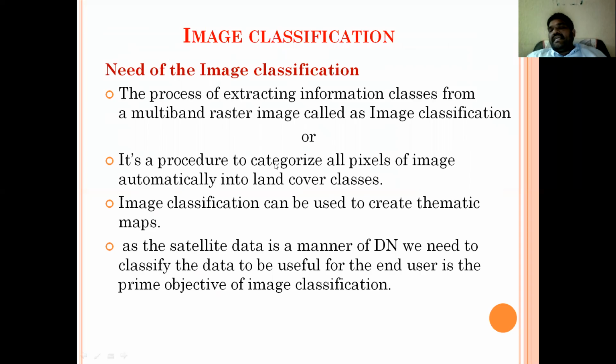It's a procedure to categorize all pixels of an image automatically into land cover classes, so that it will be useful to the end user, and he can immediately understand what existed in that particular location, whether the top corner is a water body, and the bottom corner is a vegetative body. Instead of numbers, if you are able to give the land cover name, that will be more beneficial to the end user. Am I right?